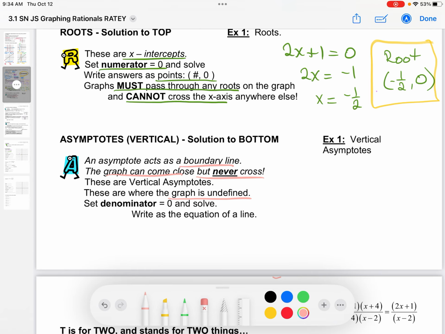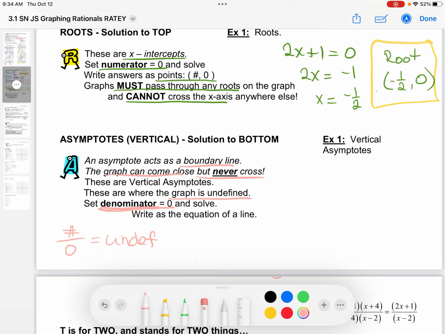So they happen where the graph is undefined, and it's undefined because the denominator is equal to 0. The denominator of a fraction is equal to 0. Any number over 0 is undefined. That's what causes the vertical asymptotes.